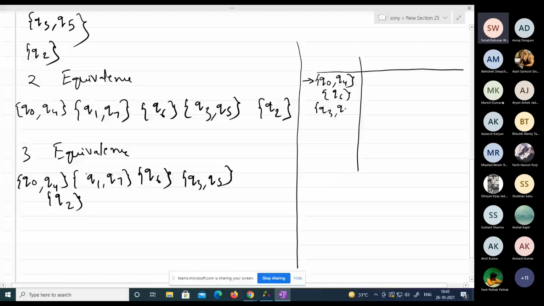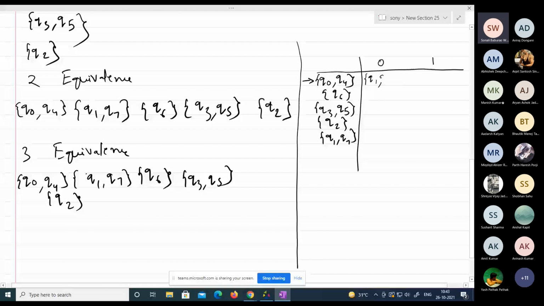So these are our states. What are the states? Q0, Q4, Q6. You have Q1, Q7. You have Q3, Q5, Q2. I'm just writing this randomly, but you can follow this order also. That's fine. So for the inputs 0 and 1, you'll get these values: Q1, Q7. Over here, you will have Q3, Q5. So just take this down.